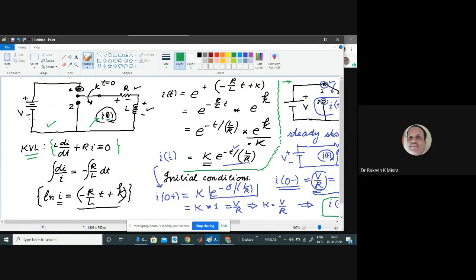V is called the forcing function or excitation. t is our independent variable, i is our dependent variable, V is our forcing function, or you can call it excitation. So these are a few terms. And this i is also known as the response.